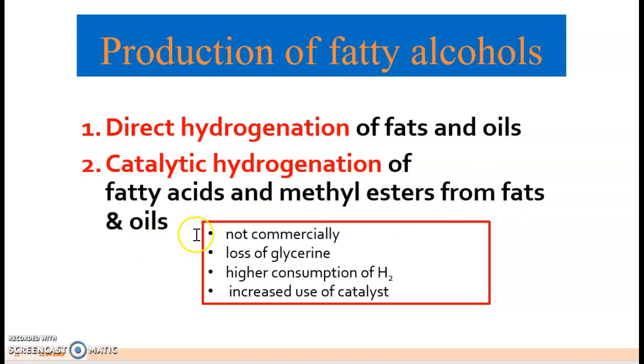But usually the direct one is not commercial, and there will be some loss of the glycerin. It requires high consumption of hydrogen and a high amount of the catalyst. This one is not commercialized, but in our case we will study this method, the catalytic hydrogenation.